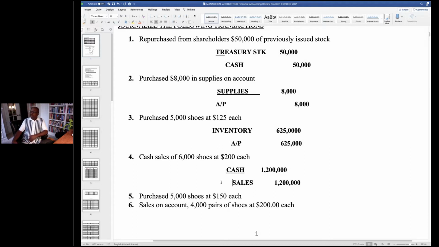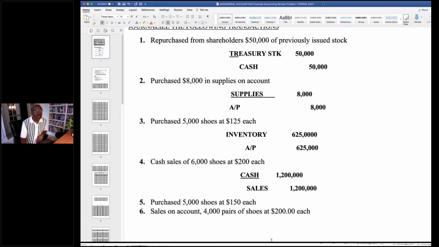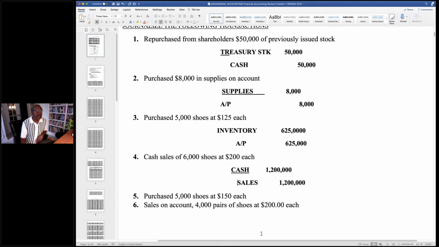Any questions? What else do we need to do? You need to go to the inventory chart. Oh, okay. So let's see if we can go to the inventory chart.